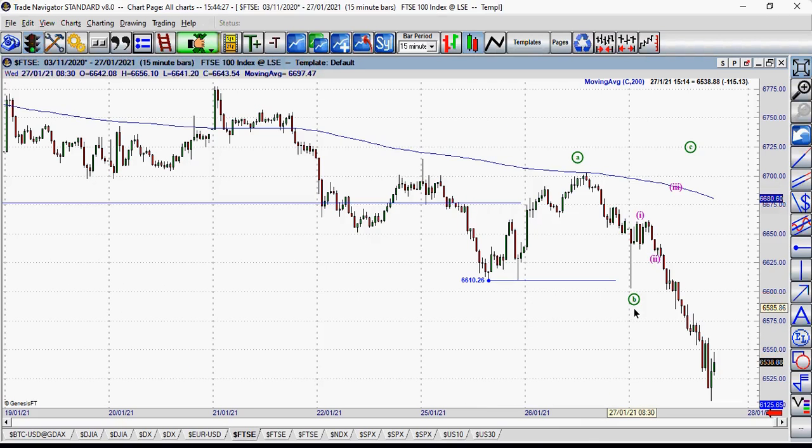Because if I go back to that idea, yes, there was a potential for that to happen, but really we are trying to go short here. We are not trying to go long, we are trying to go short. We are either short because the top wave count is saying it's going to 6,400, or we are going to use that bounce here to go short. And that's why I mentioned it this morning.